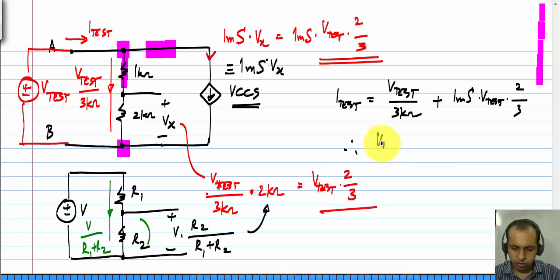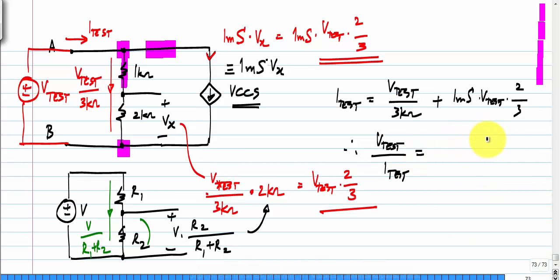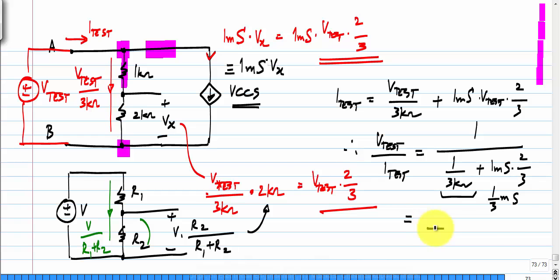Therefore, V test by I test will turn out to be 1 by 3 kilo ohms plus 1 millisiemens times 2 by 3. Okay, which this part you realize is 1 by 3 millisiemens. So this is 1 by 3 millisiemens plus 2 by 3 millisiemens.